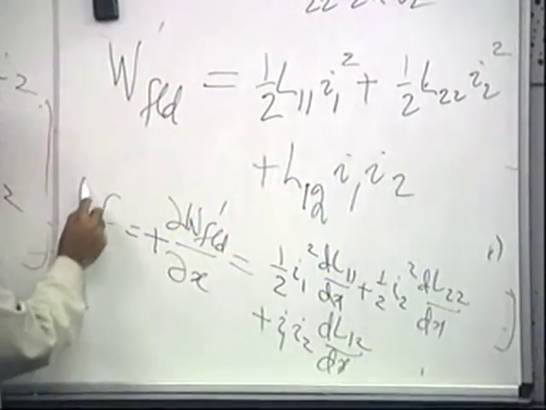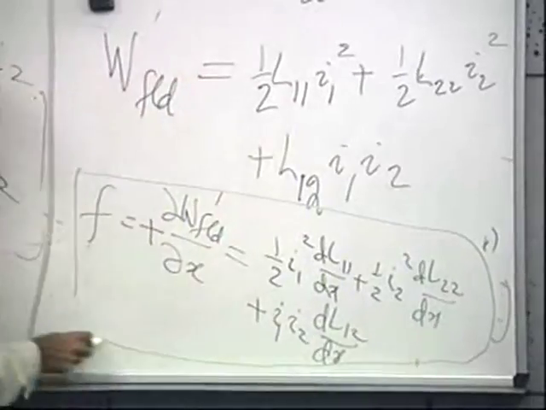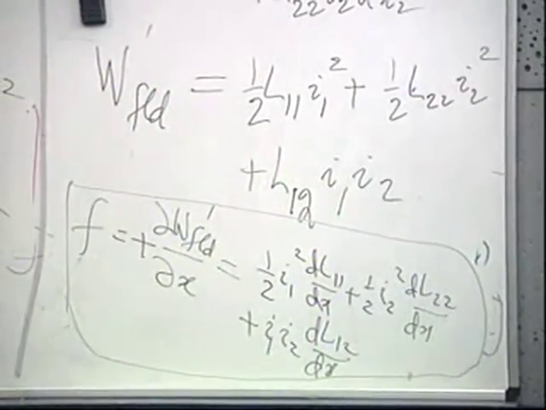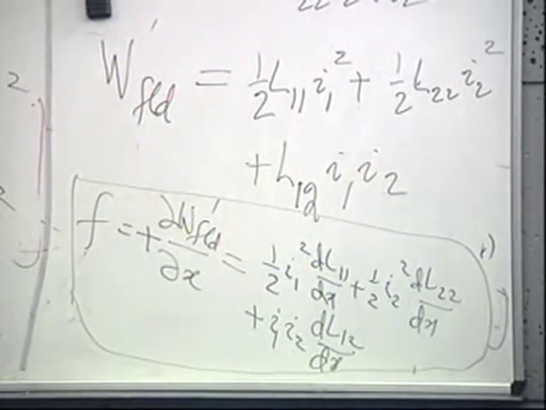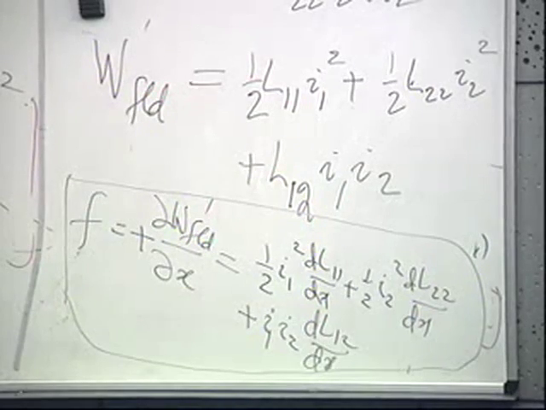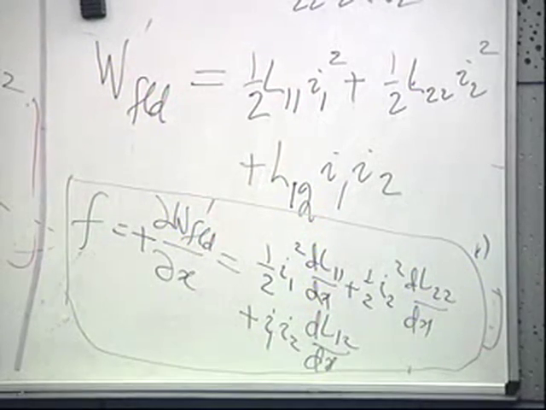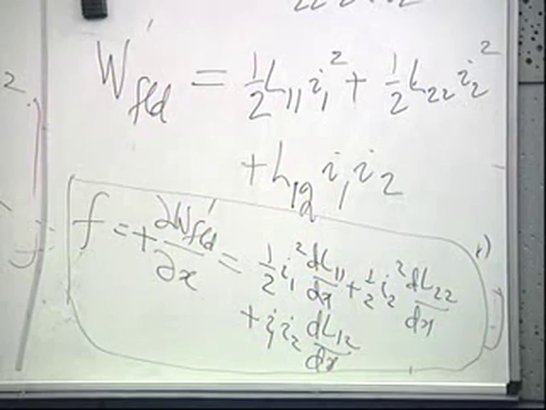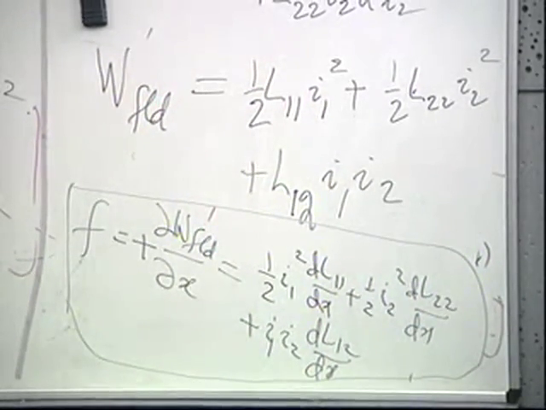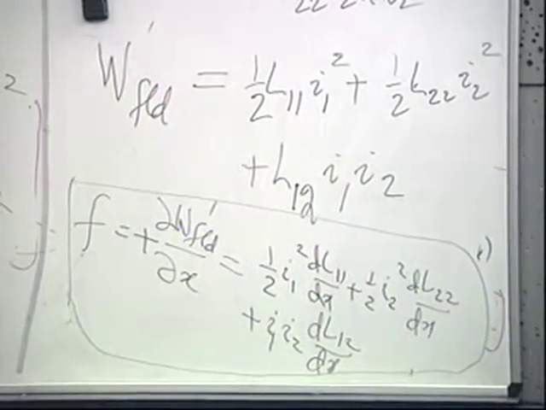So this is where we will end today, that we have a force expression for a doubly excited system. That means you must know how the self and mutual inductances change with x. The currents are all to be kept outside the differential, I1 and I2.